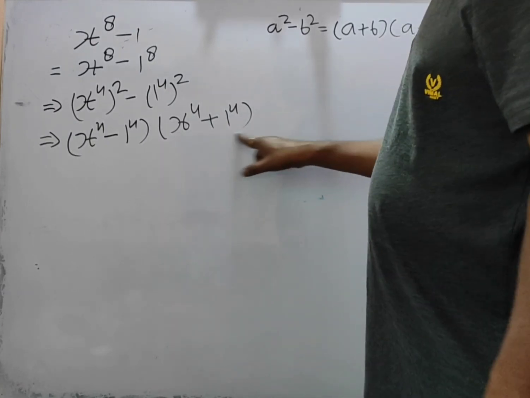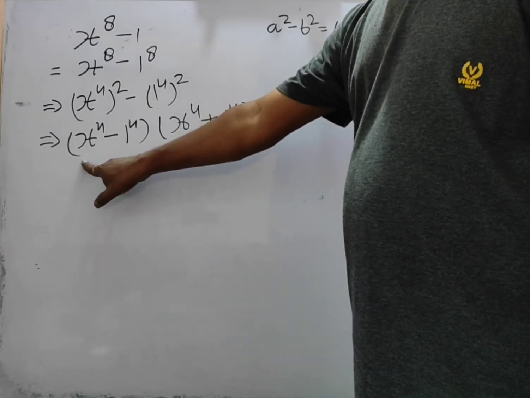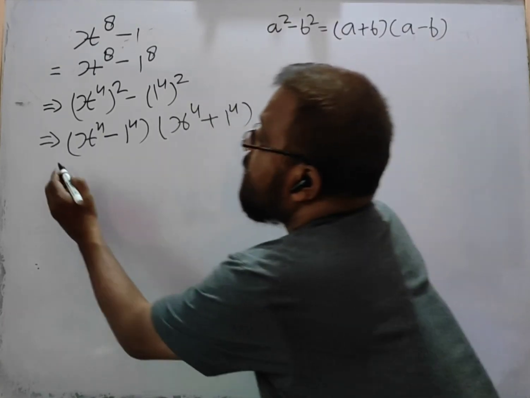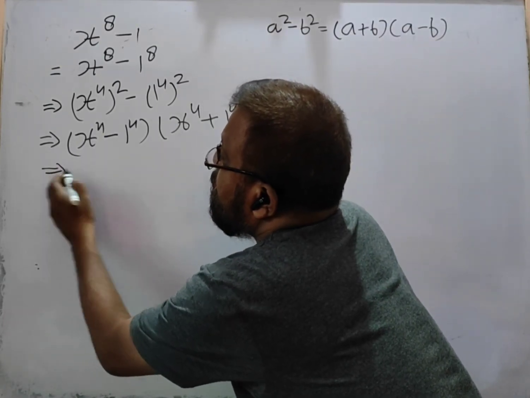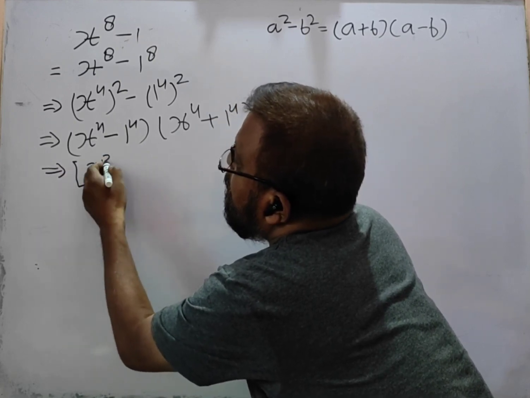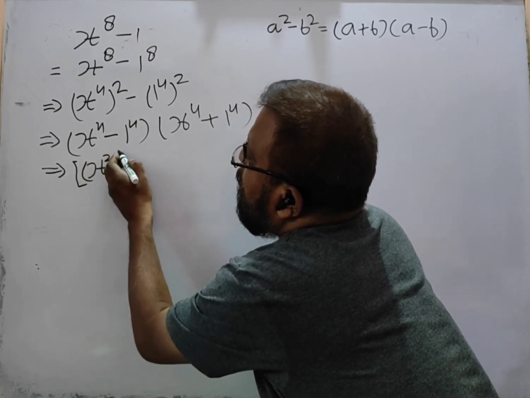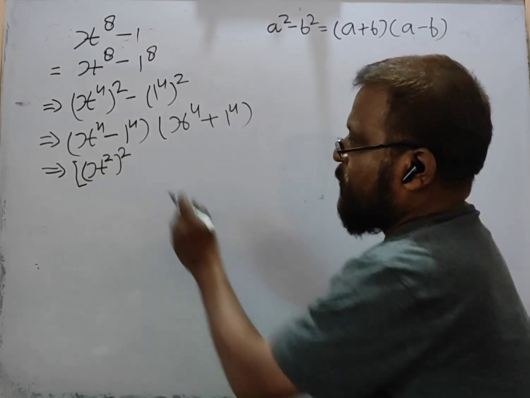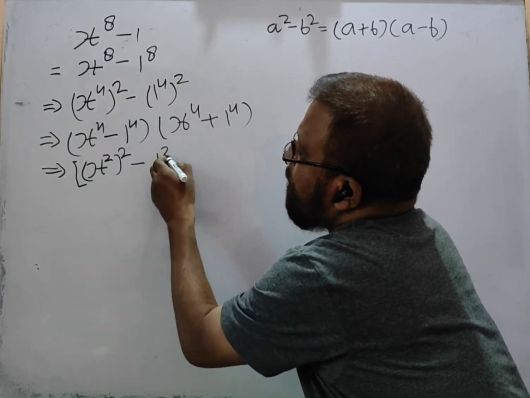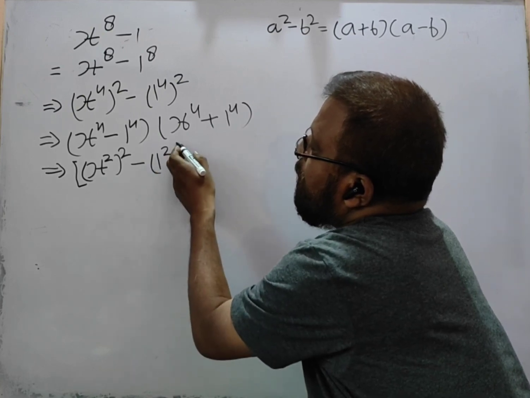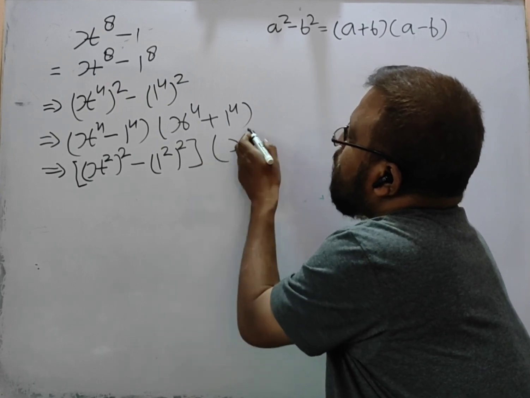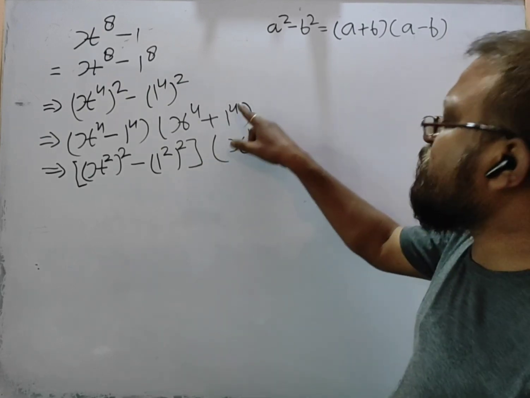Now we can't do anything with this, but this can be further splitted. We can write it like this, that x square whole power 2, right? When we multiply it, we get the same, minus 1 raised to the power 2 whole power 2 bracket x raised to the power 4 plus 1 raised to the power 4 is 1.